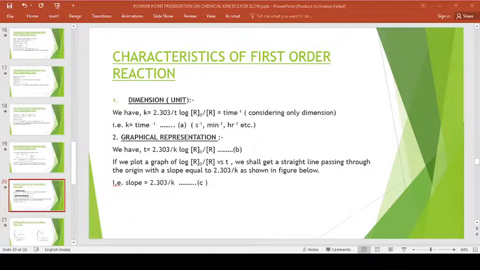Or simply, you can say that pseudo first order reactions are reactions following first order kinetics though they contain more than one molecule. I have given 2 examples. The first one is inversion of cane sugar, and the second one is hydrolysis of methyl acetate.